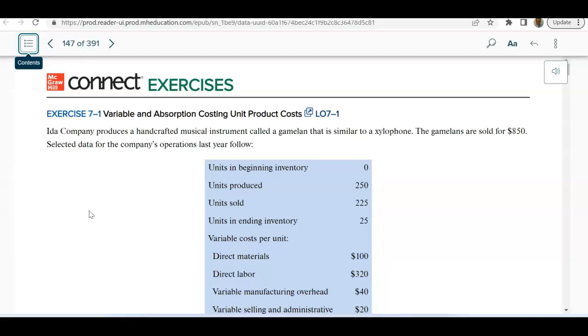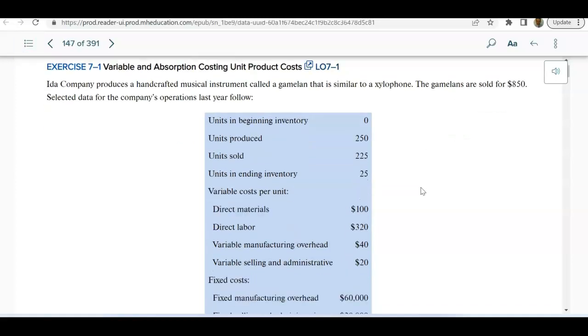Exercise 7-1. It says, Ida produces a handcrafted musical instrument called a gamelan that is similar to a xylophone or something like that. The gamelans are sold for $850. Selected data for the company's operations last year follows. So they are selling at $850, okay?